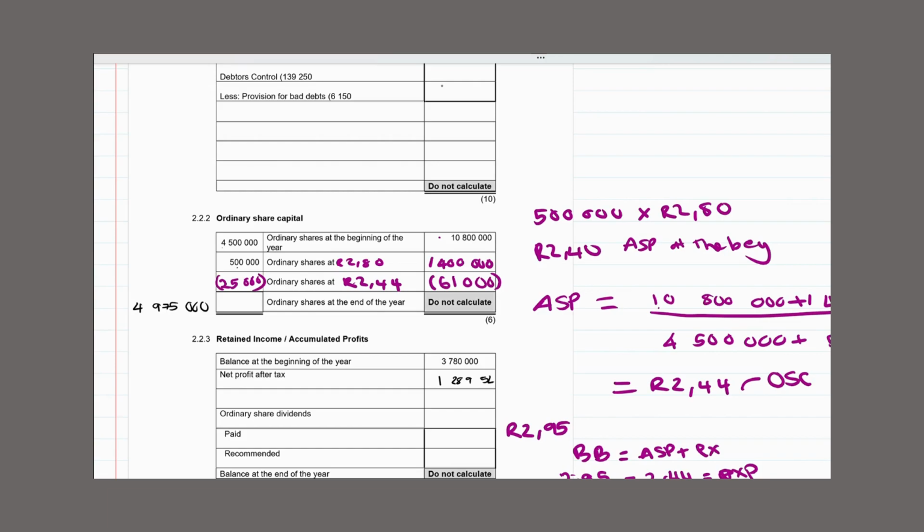So this is our net profit before tax. We then need to remove our buyback, so we're just going to say buyback and then say how many shares, which is 25,000 shares at 51 cents, and that will give us 12,750.